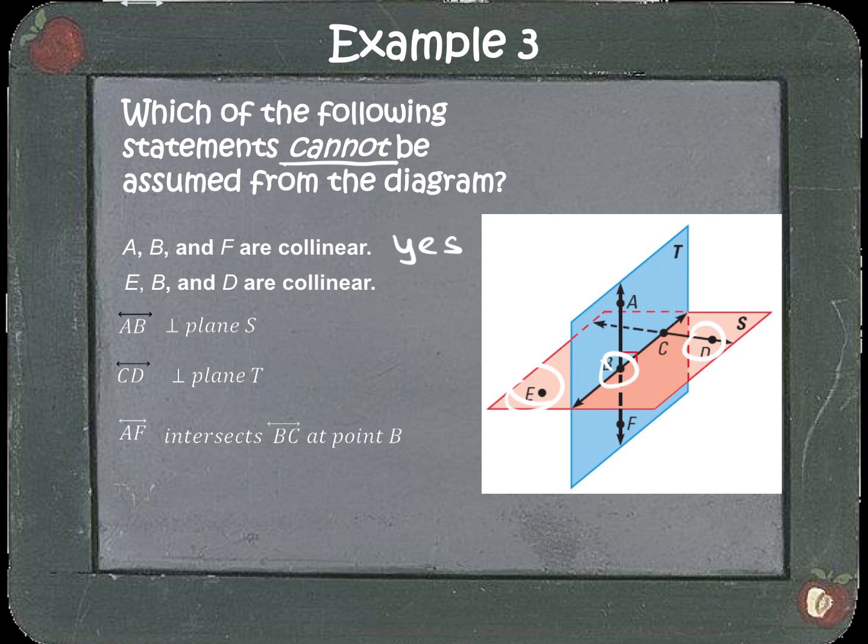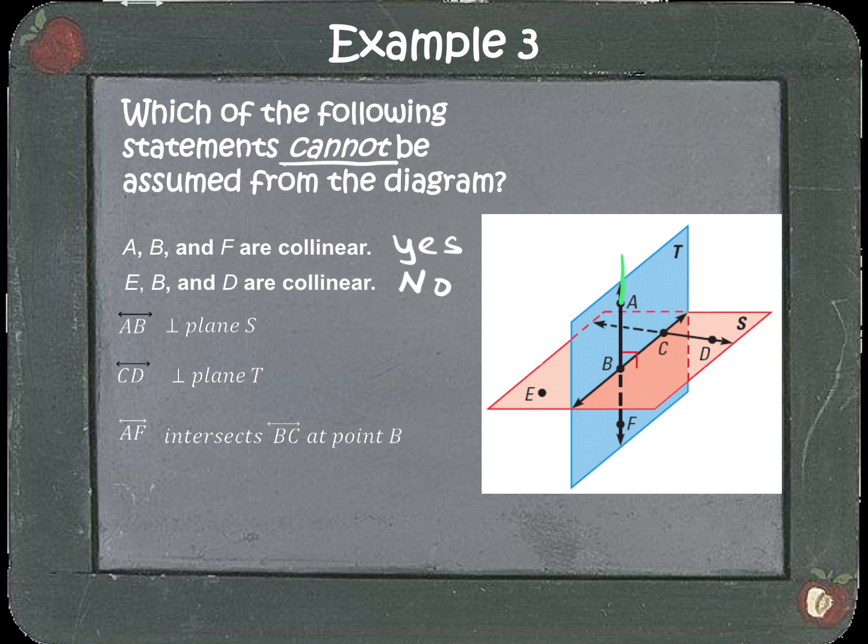Yes, it looks like you could draw a line to connect them, but if there is not a line drawn in there for you, you cannot assume that they're collinear. So this one is no. You cannot assume that those 3 points are collinear. The next one, line AB is perpendicular to plane S. So let's locate line AB.